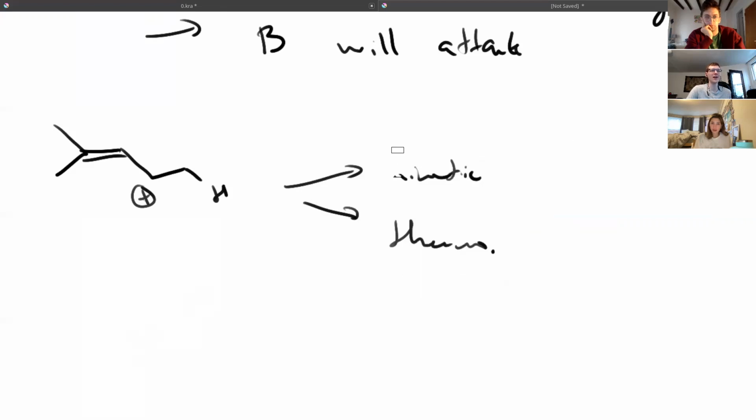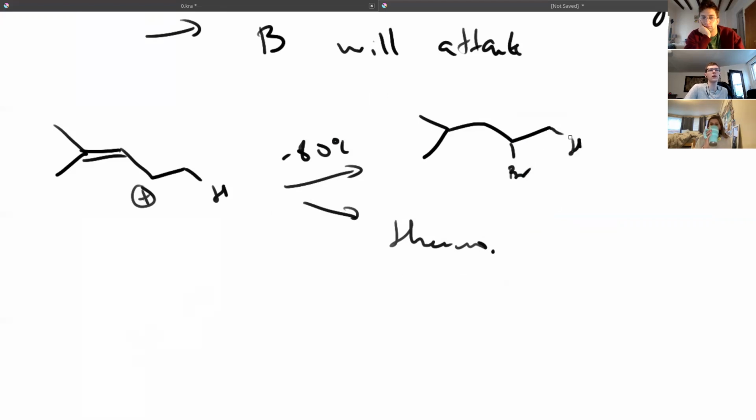So, okay, let's say the kinetic product. Well, that one we know exactly what's going to happen. Minus 80 C, right? Not enough energy to move things around very much, so we're just going to attach the bromine onto here. Okay, and the double bond is going to stay here.